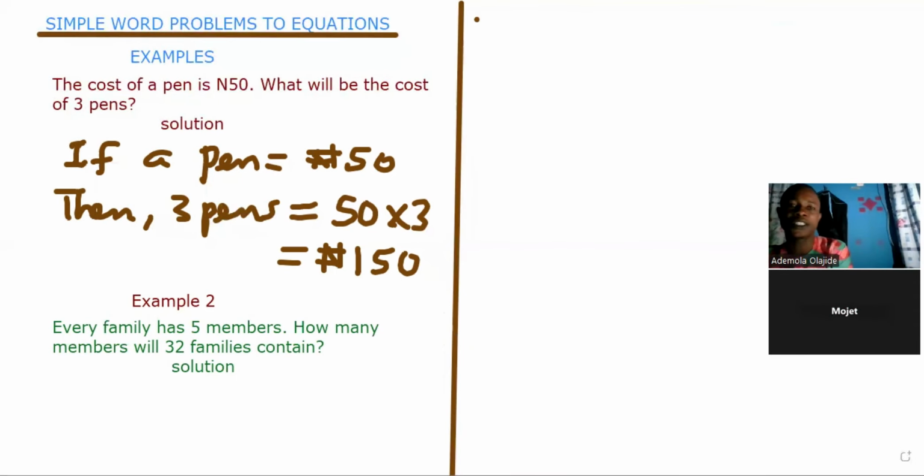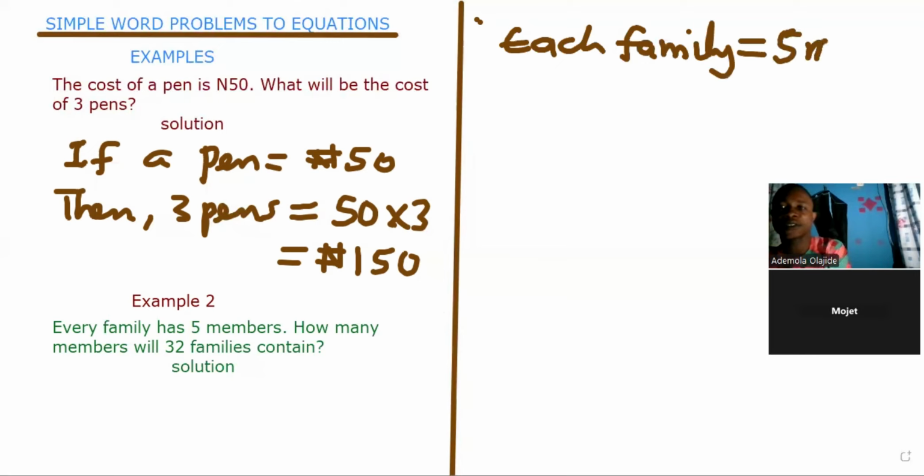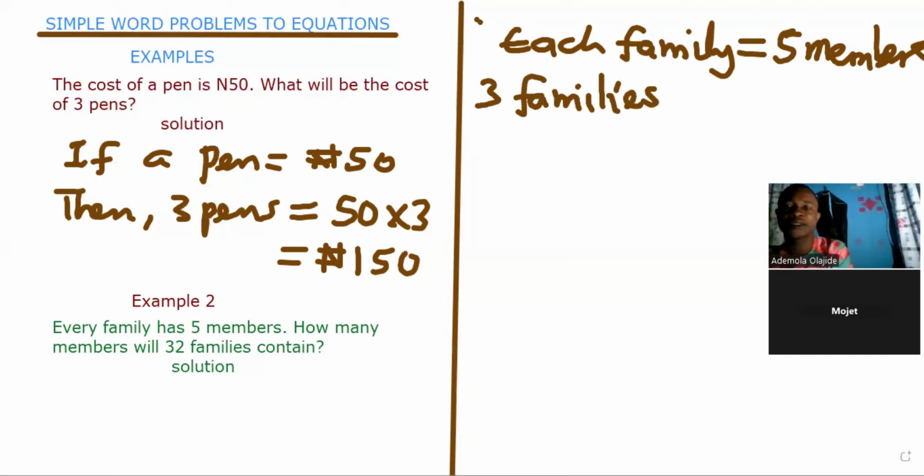You can see that each family equals to 5 members. To know the number of members we're going to get for 32 families, so what's that going to be? 15 families?